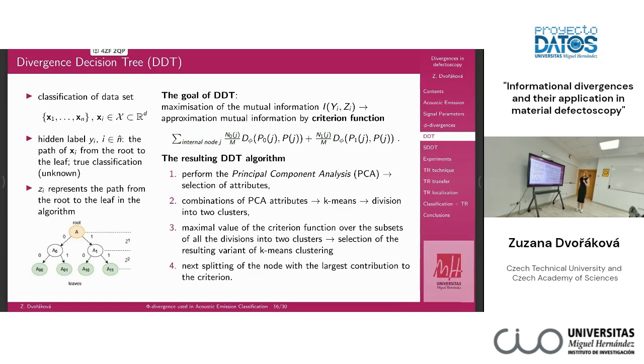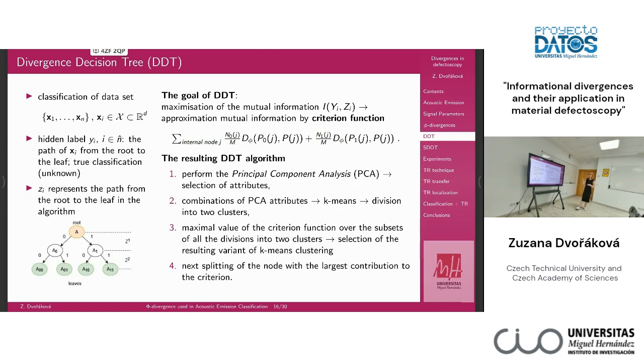The k-means does the division into two clusters for us, and we look at the value of the criterion function, and we choose the division for which the maximal value is achieved.